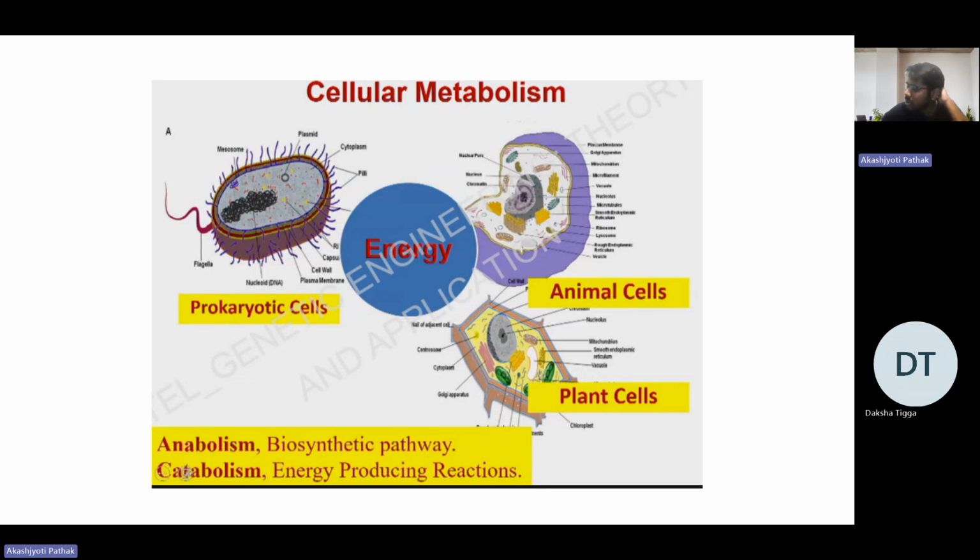Your glycolysis, what is it doing? Your glucose is getting broken down into pyruvate, so it is a catabolic pathway. But we cannot say a metabolic pathway is completely catabolic or anabolic, because many intermediates are also getting produced.